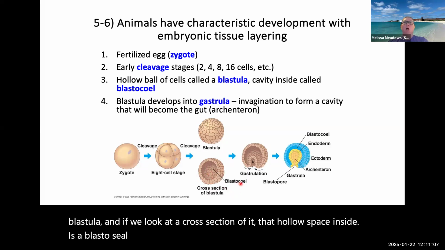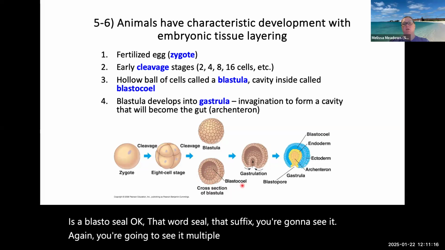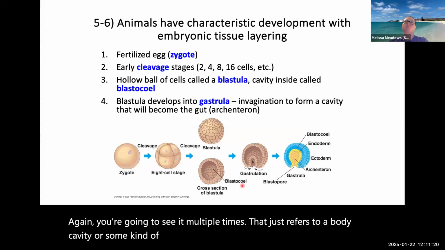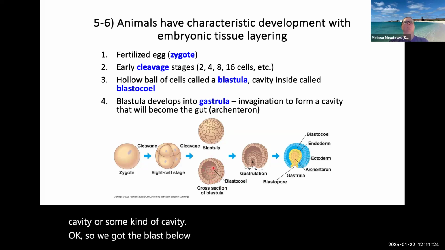Okay. That word cele, that suffix, you're gonna see it again. You're gonna see it multiple times. That just refers to a body cavity or some kind of cavity. Okay. So we got the blastula with the blastocele.